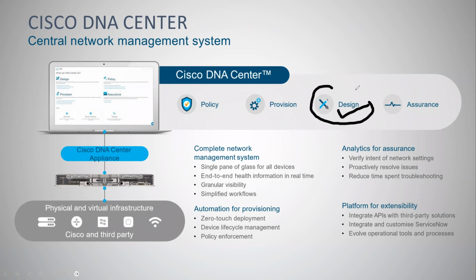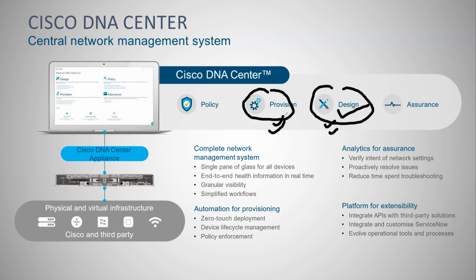Before even doing the actual provisioning, we should write down everything that we want. What is the site? What is the design? What is the pool? What is the pool IP? What are the global IP addresses for different servers? All that information we can plan in the design section. We can do the configuration, and then we can go to provisioning and do the actual deployment.